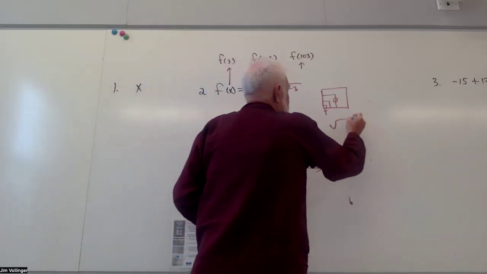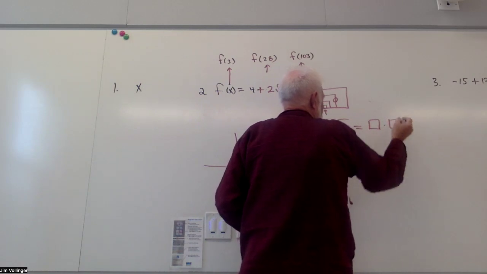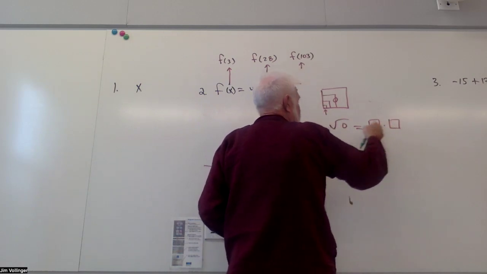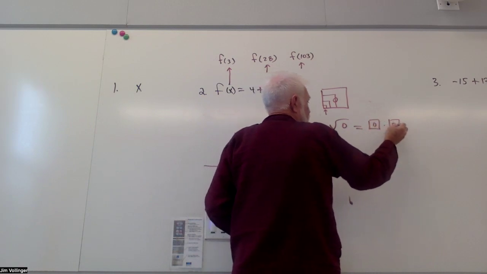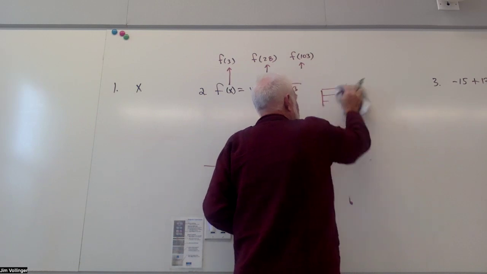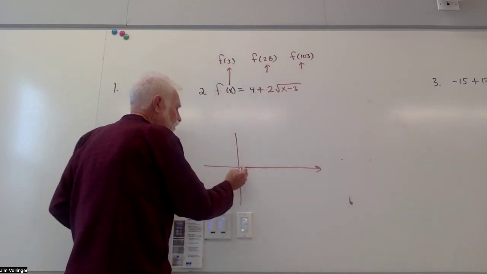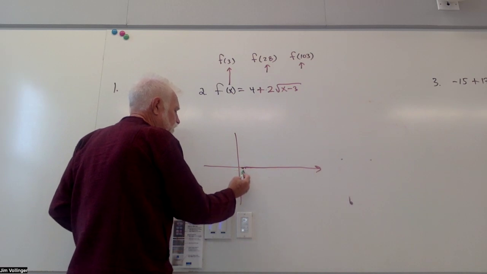So does the square root of 0 exist? It only exists if something times something gets us 0. Then yeah, 0 times 0 gets us 0. So the square root of 0 is something that we can do. It's permitted. And so we'll call this point 3, 0.